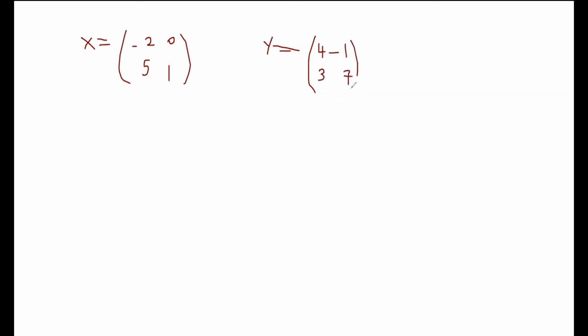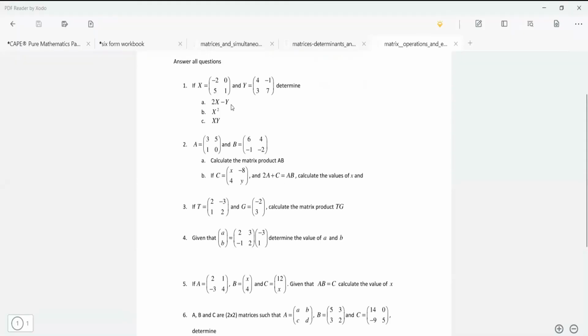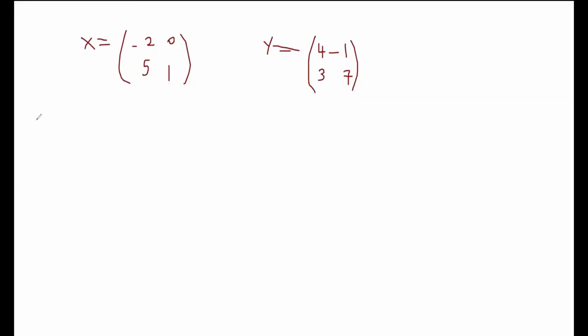And then this is what the question asks us. They want us to find 2X minus Y, X squared, and XY. So we have three things to do. We need to find 2X minus Y.